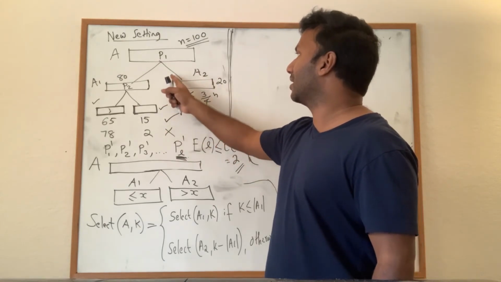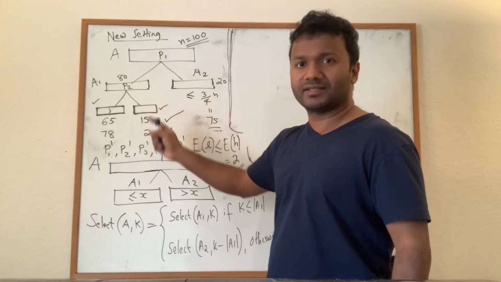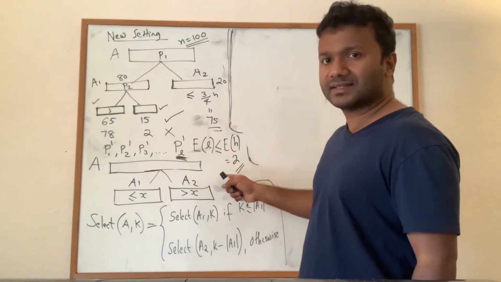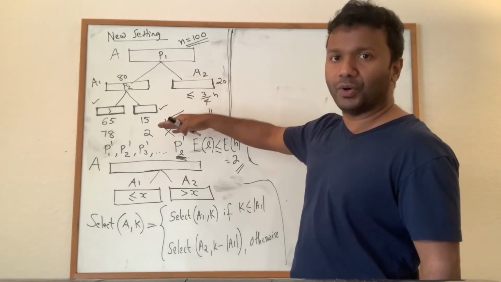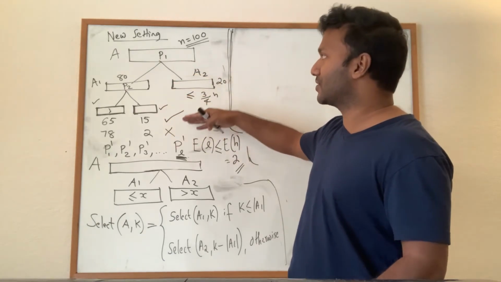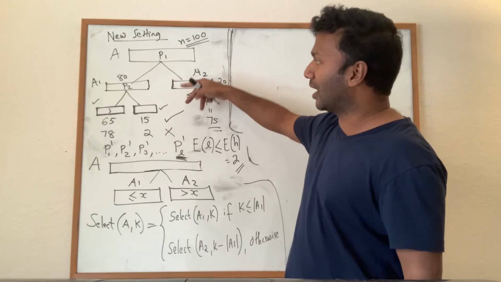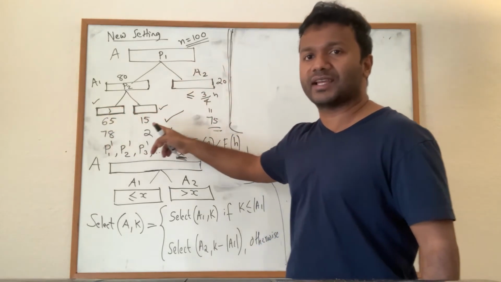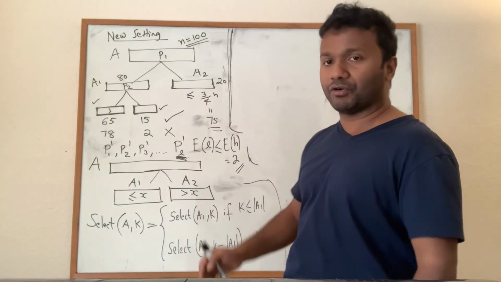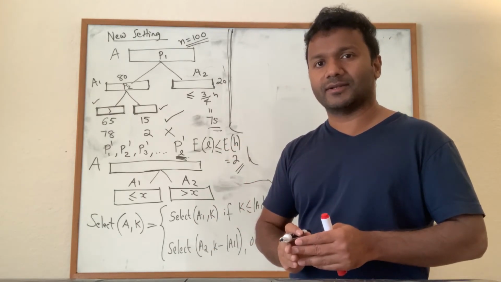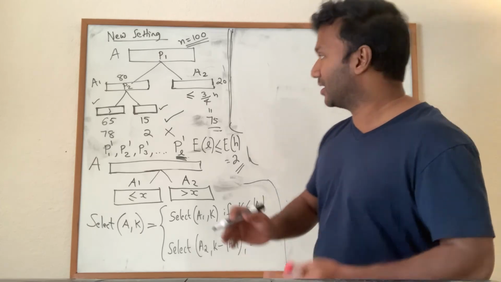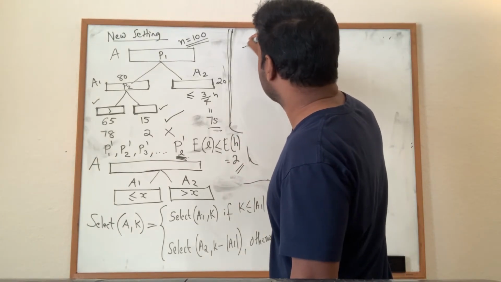And we will continue the recursion in one of these arrays. And what this result says is the number of levels you need to go until you make sure that the size of a subarray is bounded by 3 over 4n is only 2 in expectation.